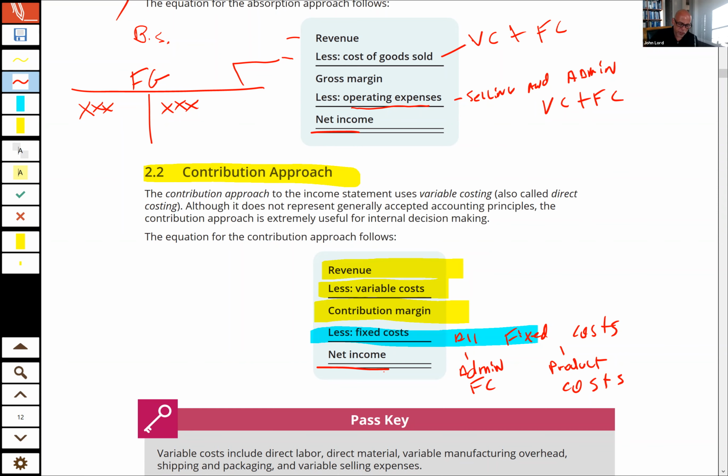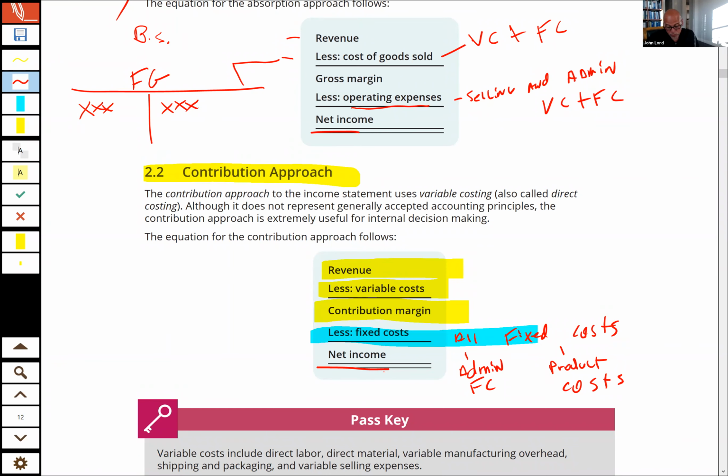If you're in a situation where under absorption, under full GAAP accounting, you have some costs still sitting on the balance sheet, those fixed costs that are still sitting in finished goods, you would have a lower net income under the contribution approach, because now you've subtracted the fixed manufacturing overhead cost. And as a result, you have a lower net income if your inventory levels have gone up.